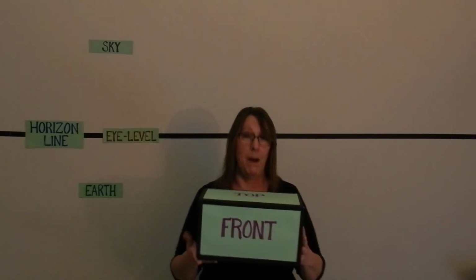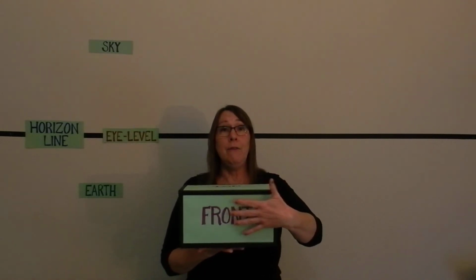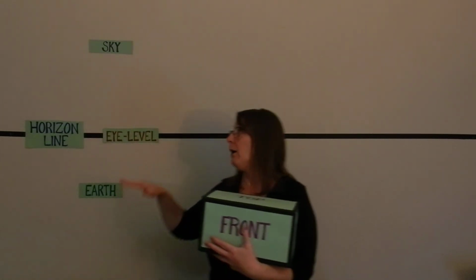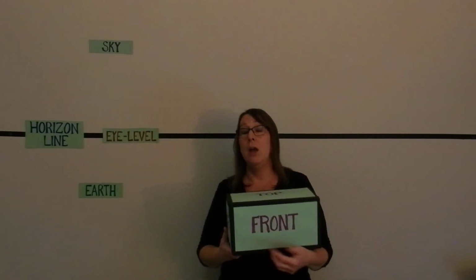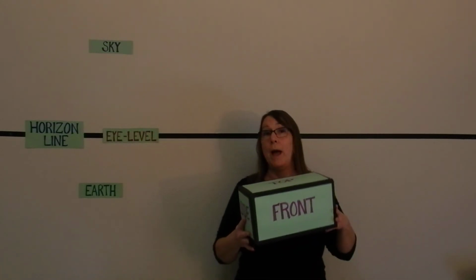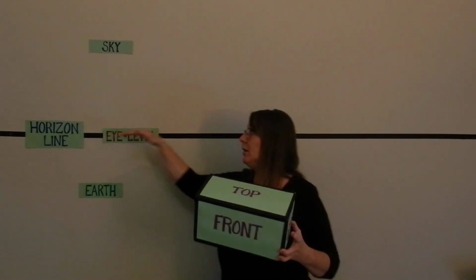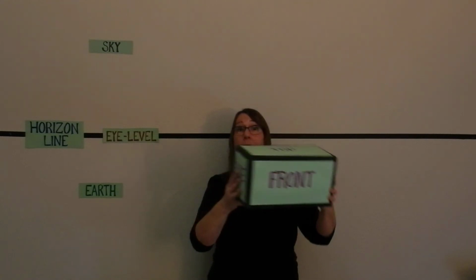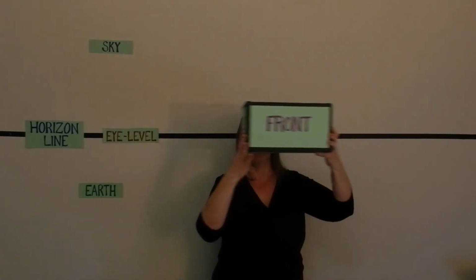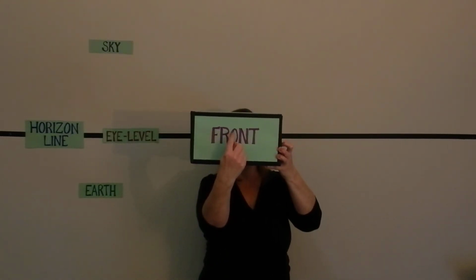Now, let's take this box. We have talked about the horizon line also being known as eye level. Now, why is it eye level? Well, because that is the level at which your eye will rest. And if the box is at eye level, you will be able to see the front of the box.